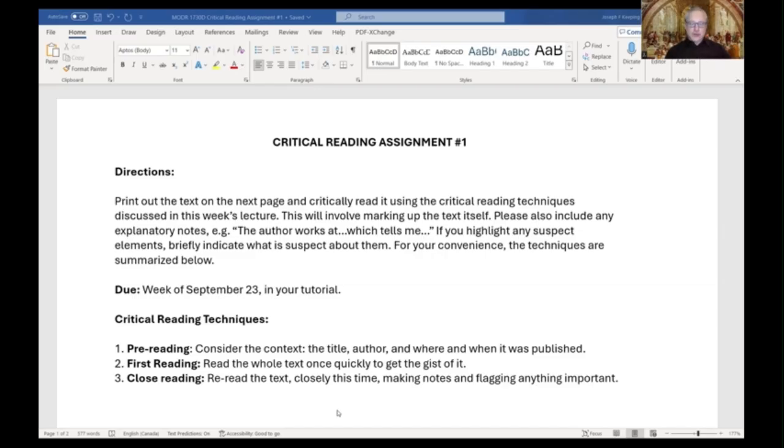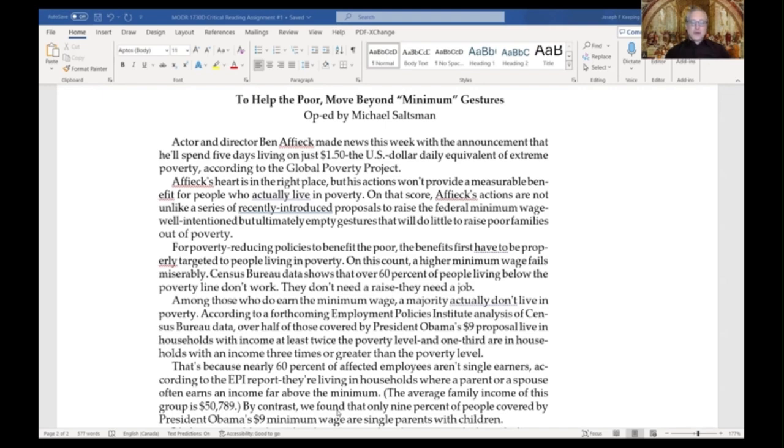I've included directions, but really the directions are: do what you just saw me do, only with a different text. I'll remind you that it is best to print out the text that you're going to be analyzing. For your convenience, I've put it on a separate page from the directions, printed out so that you can mark it up with a pencil, or if you must, a pen.